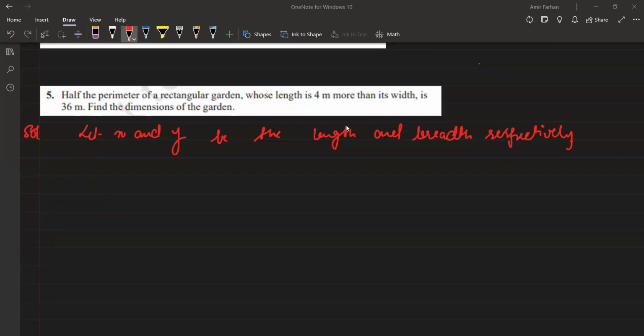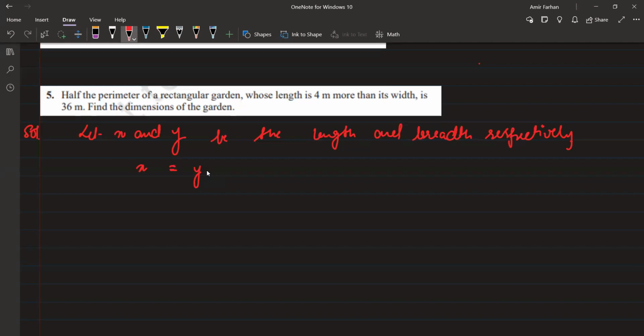So now tell me. This is saying the half perimeter of the rectangle whose length is 4 meter more than its width. So now tell me, if I have to make x and y equal, where should I add this 4?